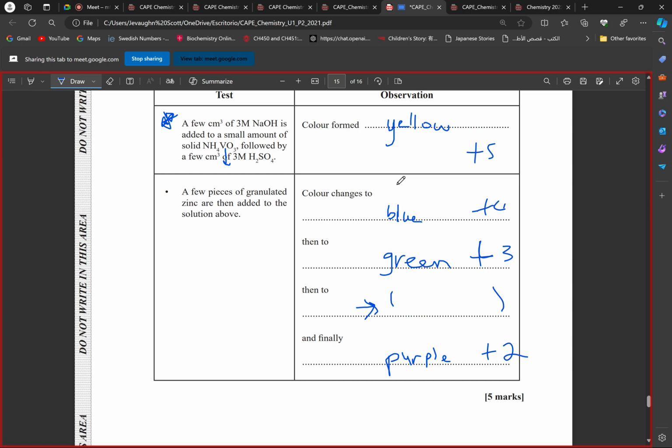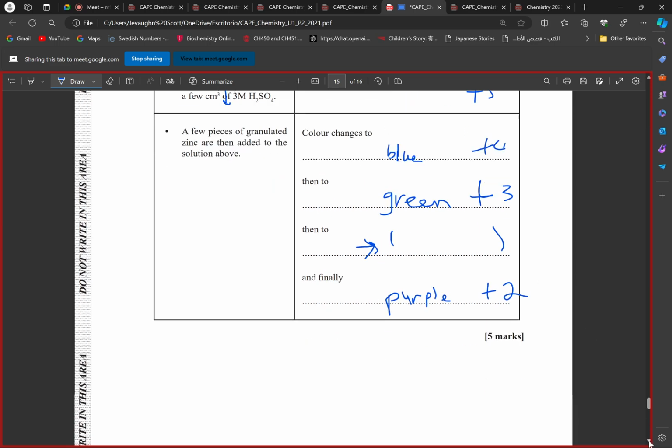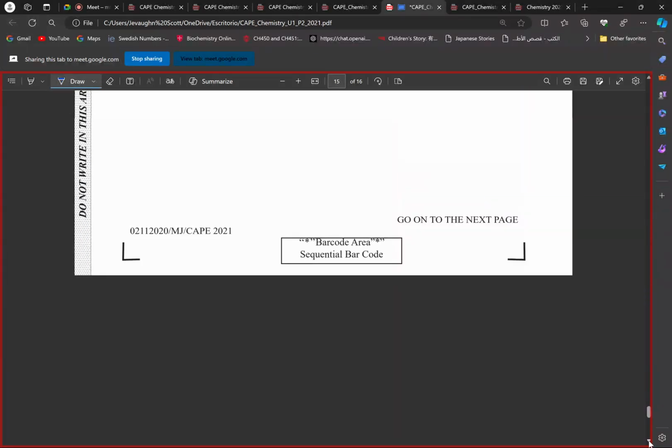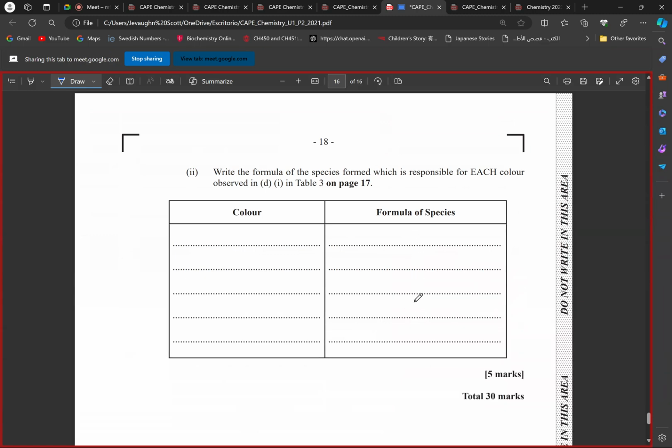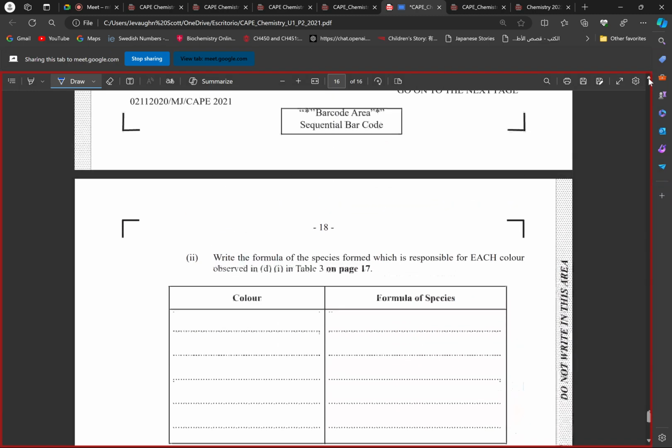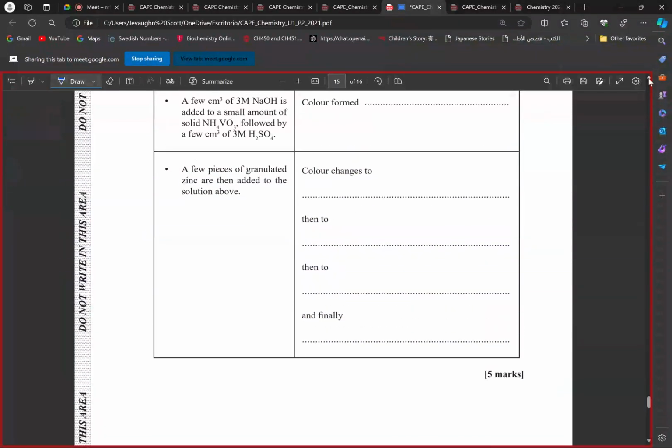So if we mix the yellowish and the bluish color here, that would be from ammonium metavanadate generally. But what is mixing? Because we need to know what is mixing, because if we're going to be completing this section, we need to know all the species. So it's a mixture of the plus five oxidation state and what that gives that green color.